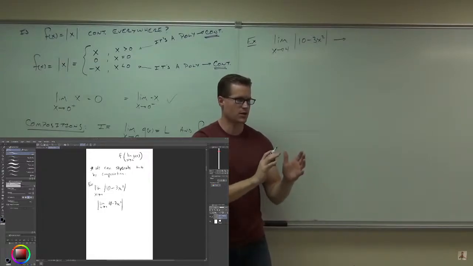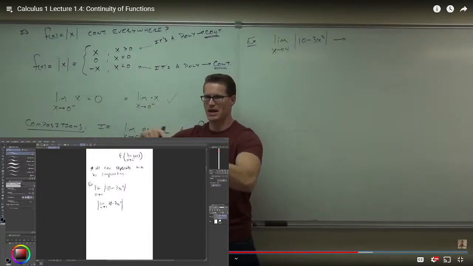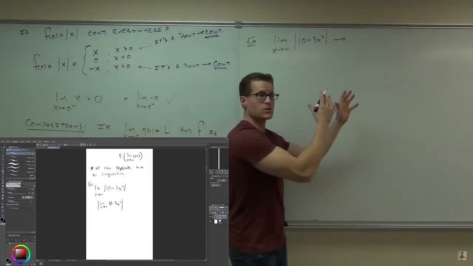Do you see the difference there? We couldn't use it here because that would be circular, but we had to prove it once. We proved it, now we can use it for absolute value.